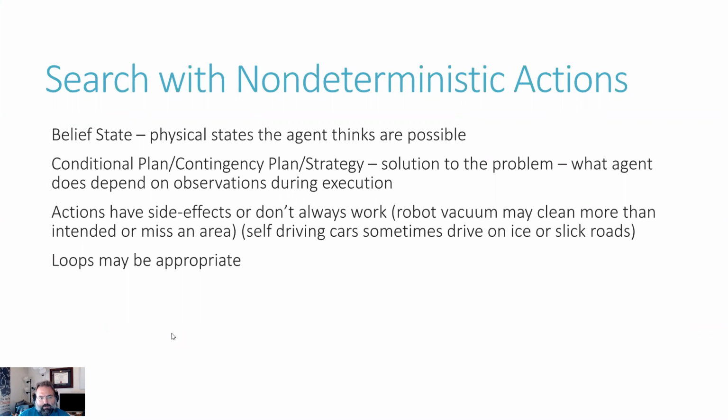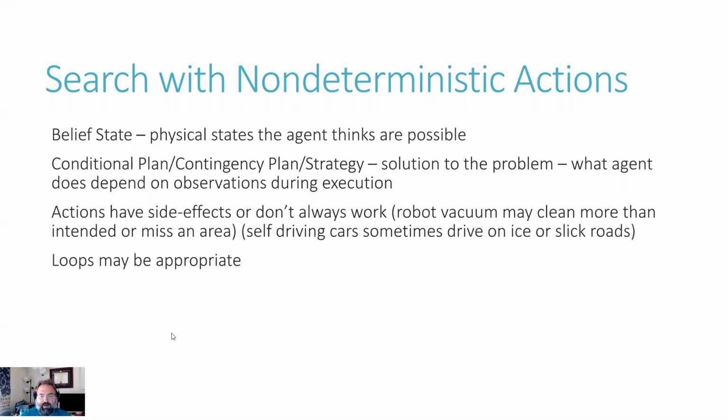You've got this belief state, where the agent thinks how things are, and you have actions that are supposed to cause side effects, that make changes either to the agent itself or to the environment. The problem is that it's around point of view and perspective. Basically, the side effects don't always work out.